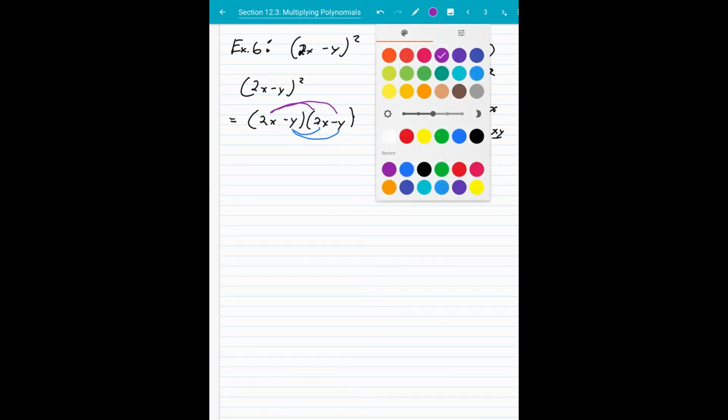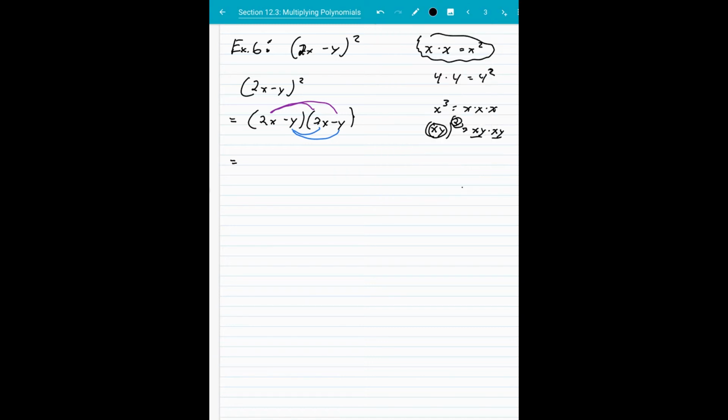So 2x times 2x makes 4x squared, minus 2xy. Then the second one distributed makes minus 2xy plus y squared. It looks a little funny because we had to distribute the same thing. Now the next step, we combine the like terms. That's going to give us 4x squared minus 4xy plus y squared, and that would be our answer.